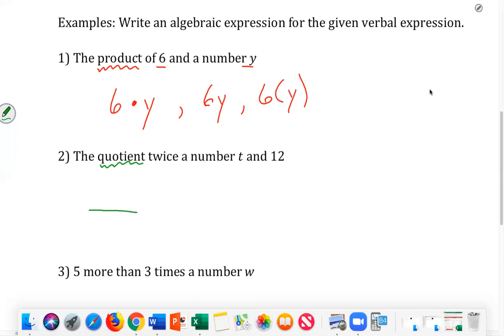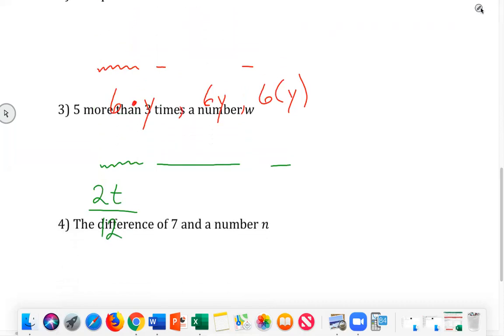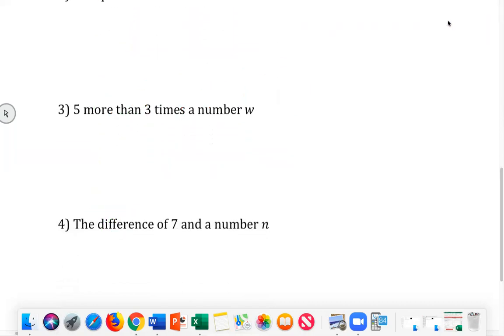So it says the quotient, meaning I'm going to divide the next 2 things. The next 2 things are separated by the word and. Notice product of 6 and a number y. Here, the twice a number t and 12. Twice a number t would be 2t, and then 12 would go on the bottom. So the first piece tells you what you're doing, and then you're looking for that word like and to break it up at times.